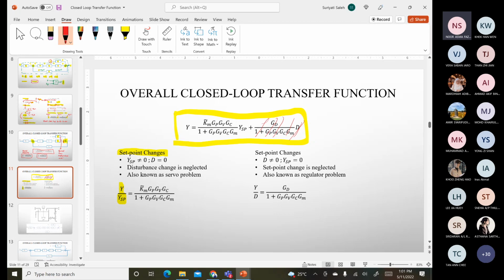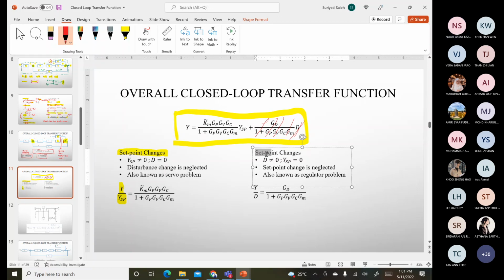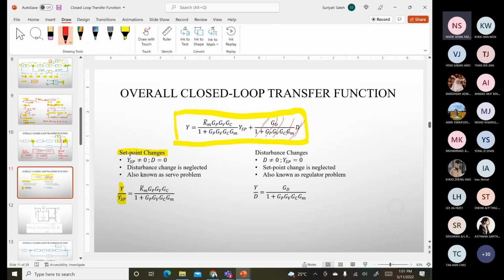And the other one is not set point changes, but disturbance changes. Based on the disturbance changes, D cannot be 0, but YSP will become 0.